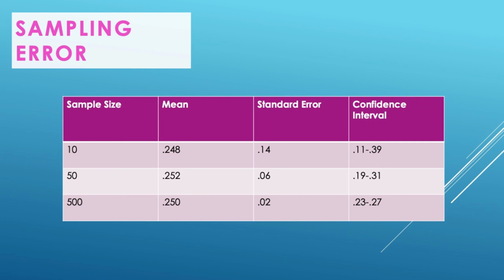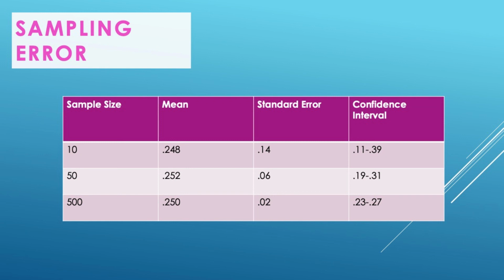Obviously, right off the bat, we can think to ourselves, I don't think that's the best math, right? Compared to a sample that has 500 people in it, we might be more likely to believe a poll with 500 people compared to 10 people, because we have more confidence in our results. That's denoted here with the standard error shrinking and shrinking as a function of having larger sample sizes.